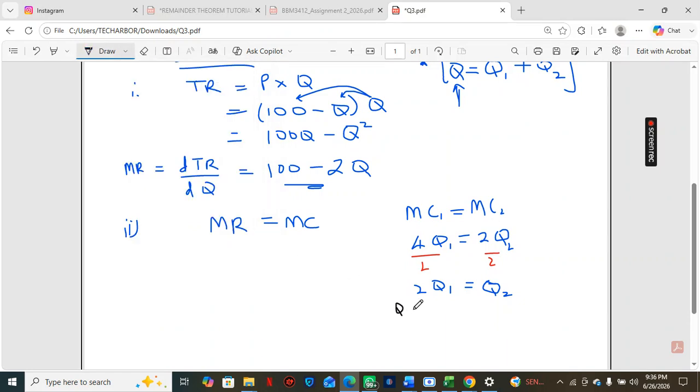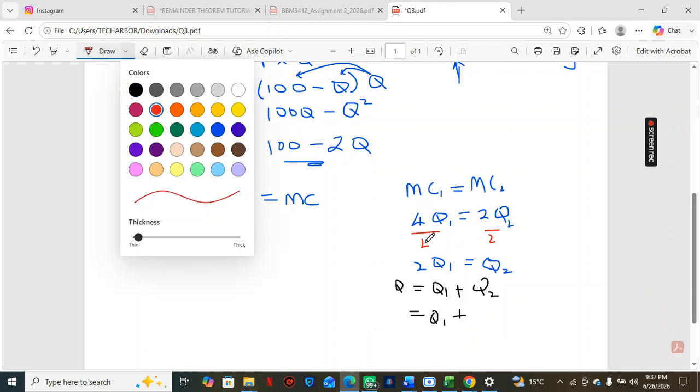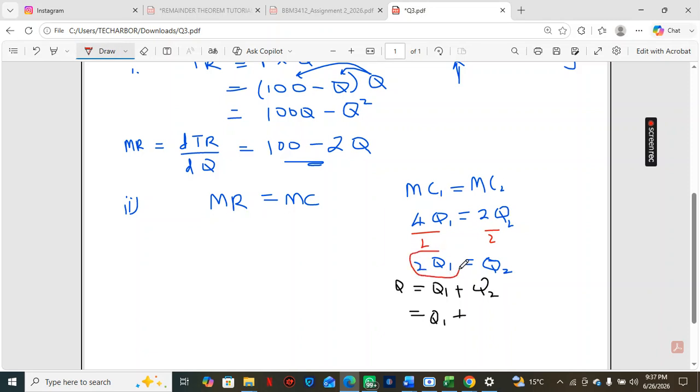Q equals Q1 plus Q2. So we're expressing Q in terms of Q1, meaning Q1 here stays as it is, plus we are substituting this Q2 with 2Q1.